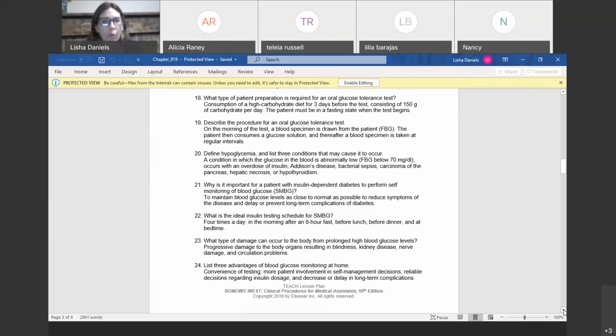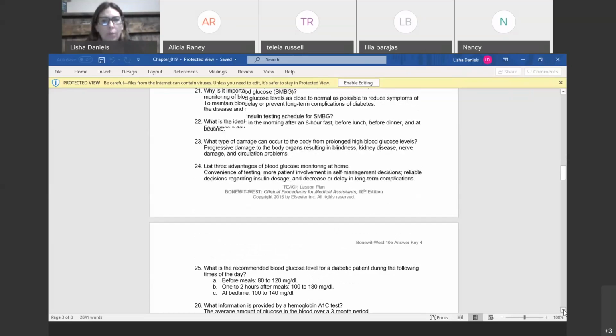Number 22, 4 times a day, in the morning after an 8-hour fast, before lunch, before dinner, and at bedtime. Number 24, convenience of testing, more patient involvement in self-management decisions, reliable decisions regarding insulin dosage, and decreased long-term complications.